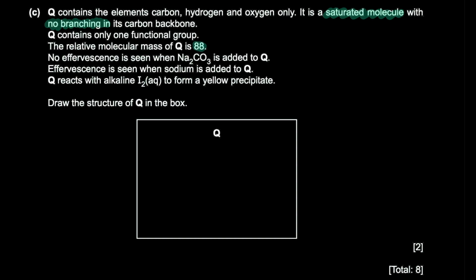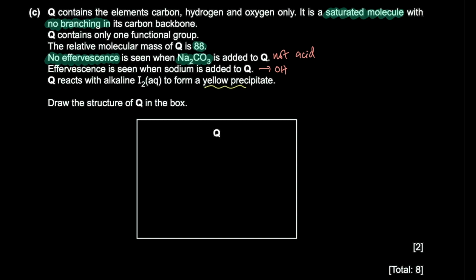No effervescence is seen when reacted with sodium carbonate, so it's not a carboxylic acid. We know it's not a carboxylic acid because it's saturated. Carboxylic acids are unsaturated because they have a double bond. Effervescence is seen when sodium is added to Q. That means we do have an OH group. And if it's not an acid, that means it must be an alcohol. And Q reacts with alkaline aqueous iodine to form a yellow precipitate. So that's the iodoform reaction.